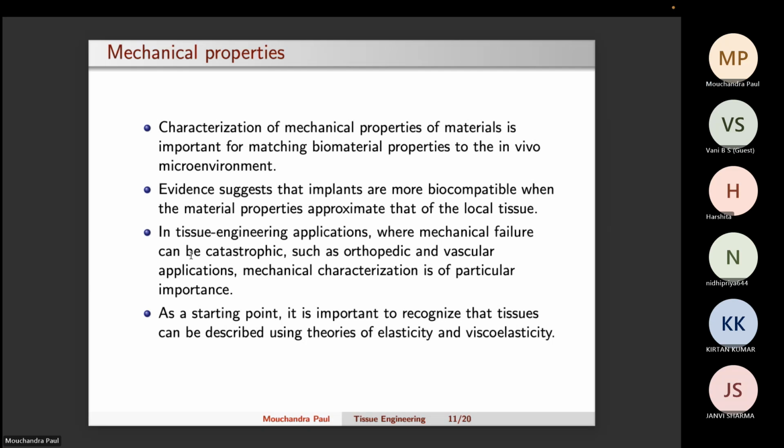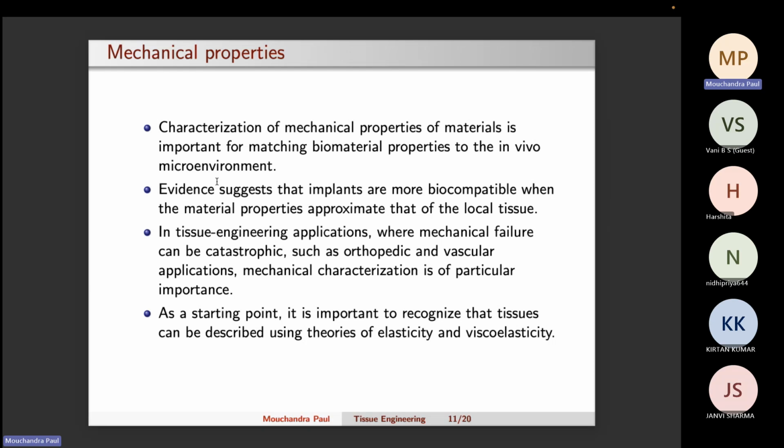Okay. Now, when you're studying the bulk properties, one bulk property you have to consider is the mechanical property. When people study mechanical property, they basically study the strength of this material, how hard it is, how soft it is. So characterization of mechanical properties of materials is important for matching the properties of the biomaterial to the in vivo environment.